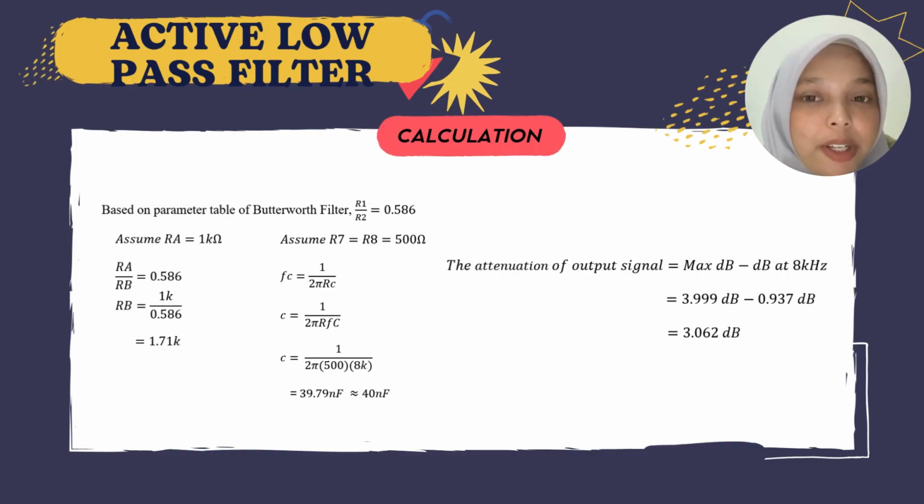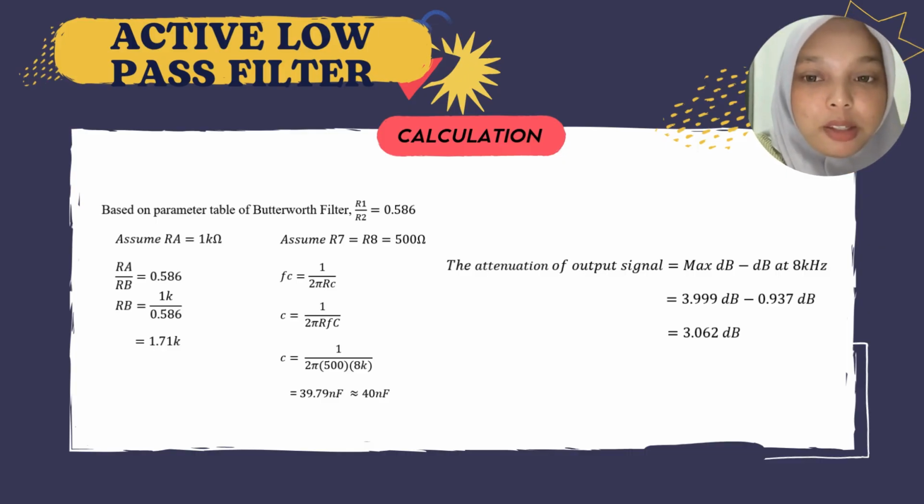For the calculation of the active low pass filter, based on the parameter table of the Butterworth filter, R1 over R2 equals 0.586. Assume RA is 1 kilo ohm, so RA over RB is 0.586, so RB is 1.71k.